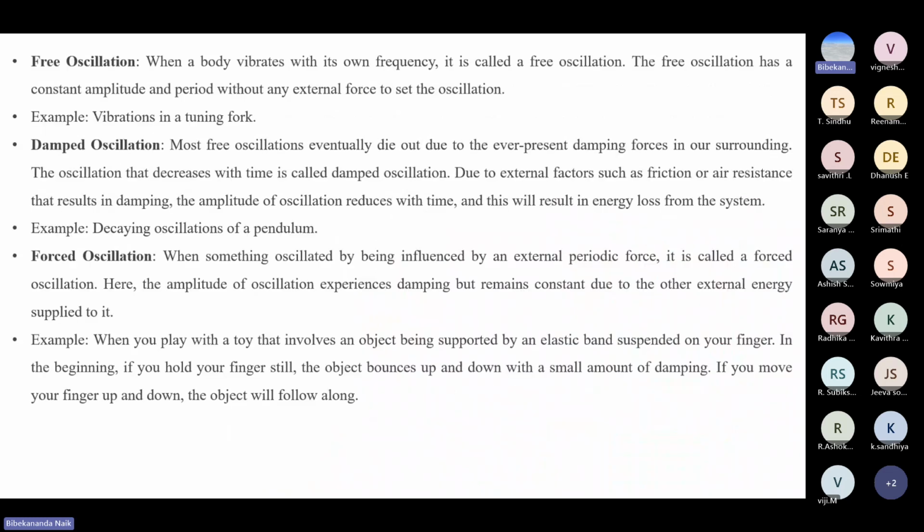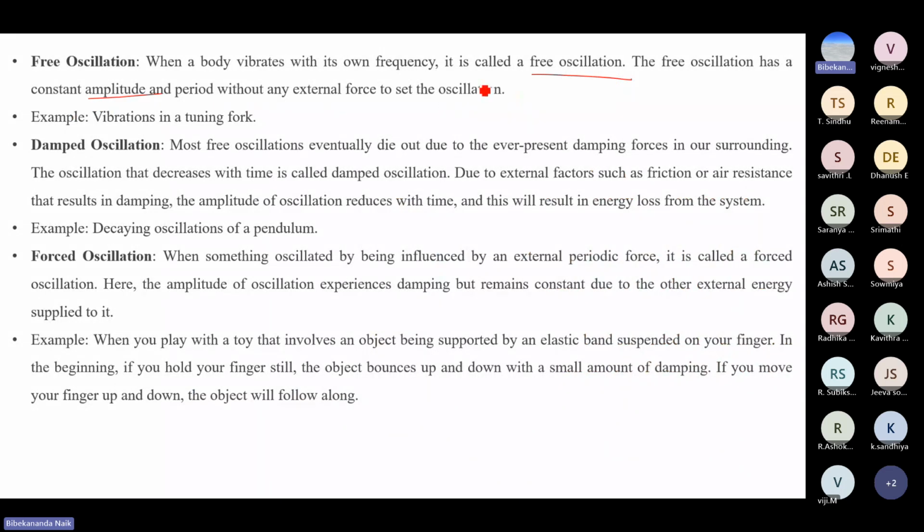So when can we say that the oscillation is a free oscillation? When a body vibrates with its own frequency, this is called a free oscillation. The free oscillation has a constant amplitude and period without any external force.